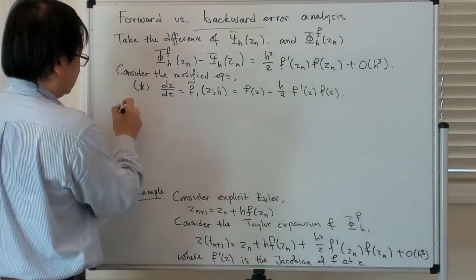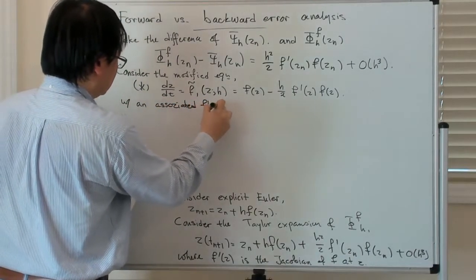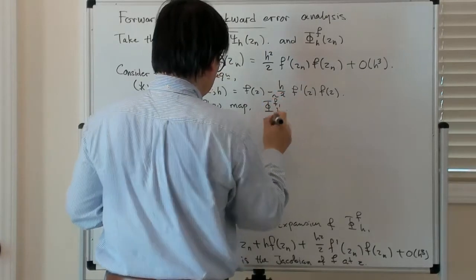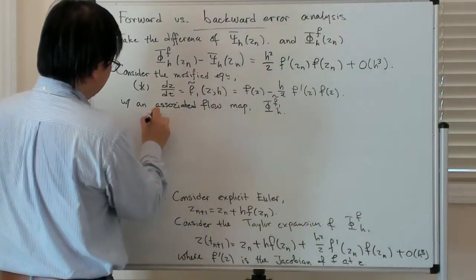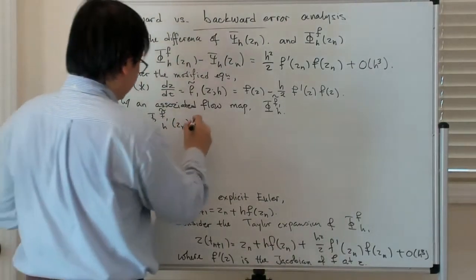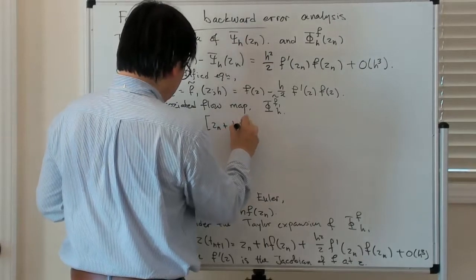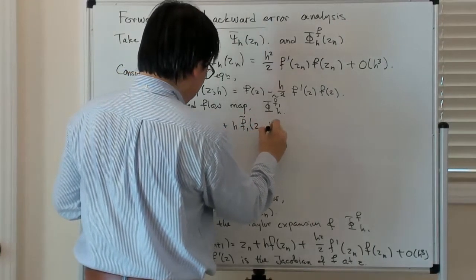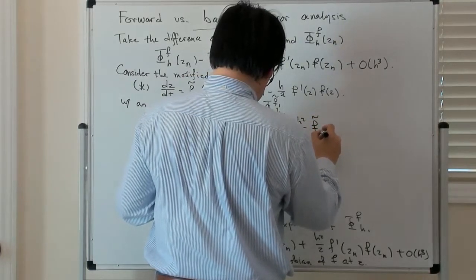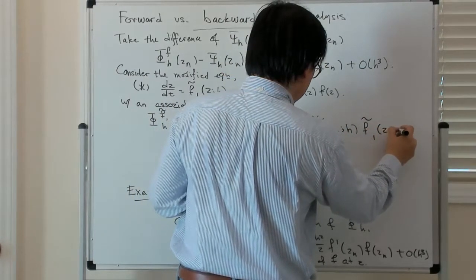And so this has an associated flow map, phi of f tilde 1, h, and you can check that the exact flow map of this equation is approximately equal to the following. It's z_n plus h f1 tilde of z_n, plus h squared over 2 f tilde 1 prime of z_n times f tilde 1 of z_n.